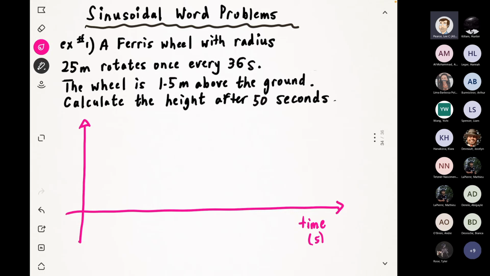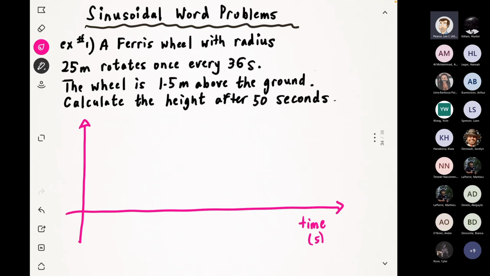Now, it's not always going to be seconds. It could be minutes or hours, but you're generally looking at how things change over time. So if you're ever confused about what should go on the x-axis, time is usually the answer. And I believe it's going to be for every single problem that we do.